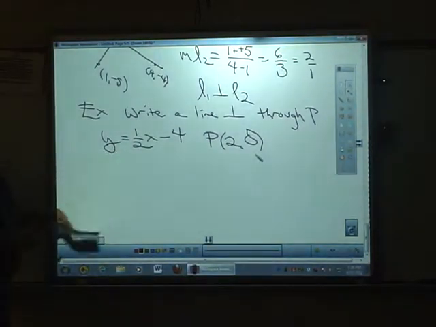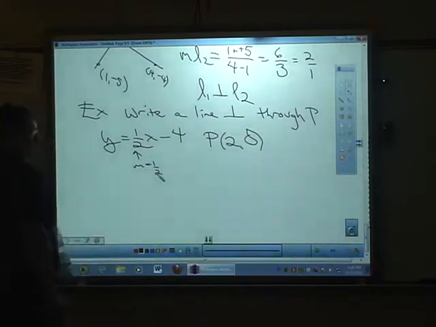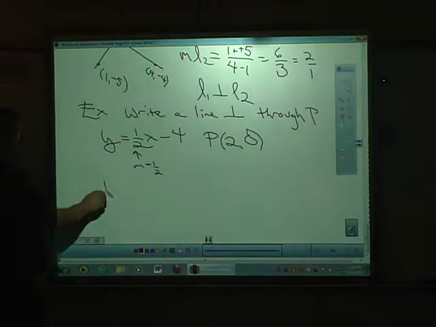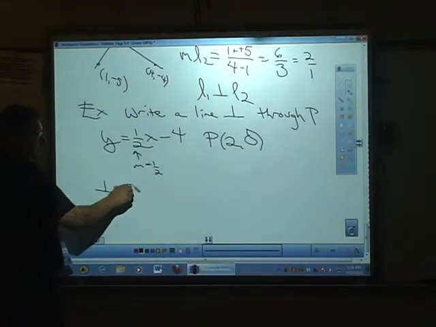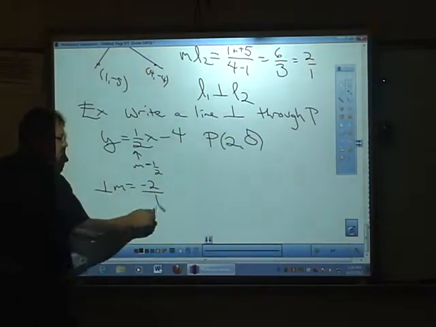What's my slope here? My slope is going to be 1/2. So my perpendicular slope is going to be -2 over 1, or -2. If it makes you feel better, write it like that.